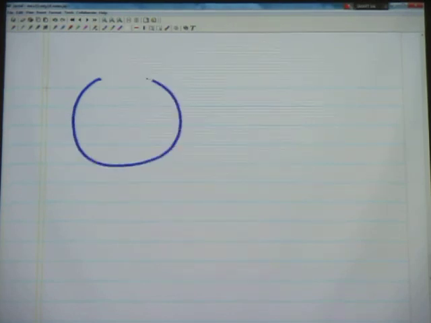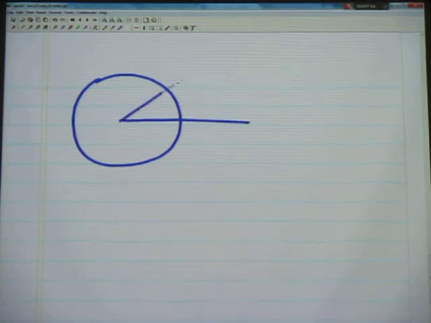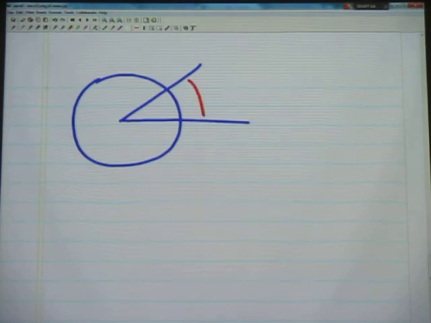Think of a circle where you have the radial direction, and it is rotating around with an angular velocity omega. Okay, and so the angle, you can call this angle theta, is equal to omega t.